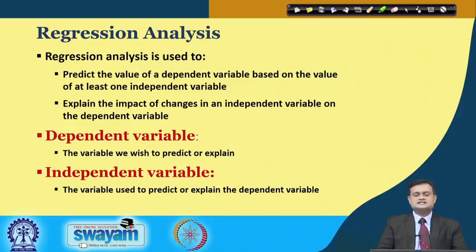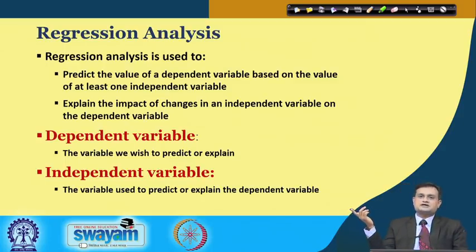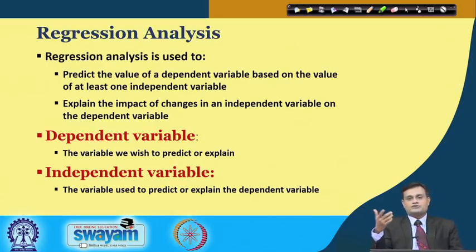Regression analysis is used to predict the value, and typically it explains the impact of change in an independent variable on the dependent variable. I gave you the example that your production system is producing some number of defective components, and this may be because of many independent factors.